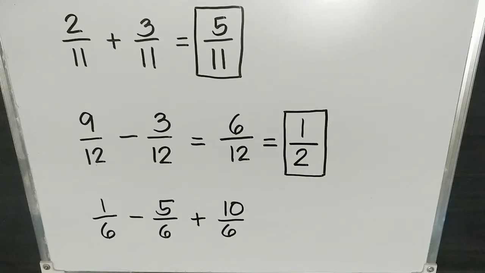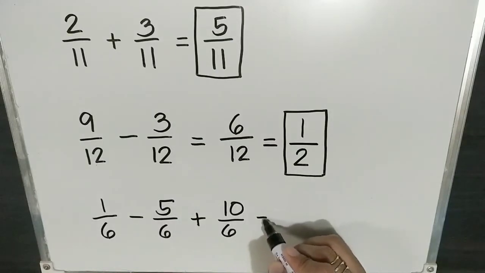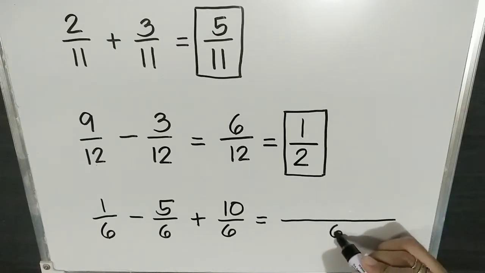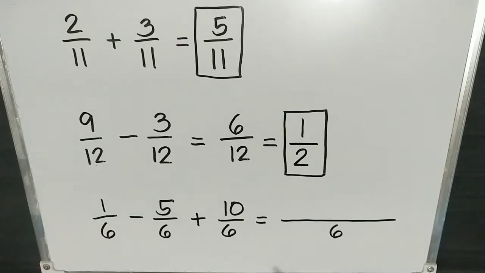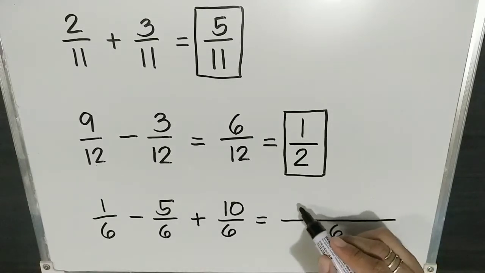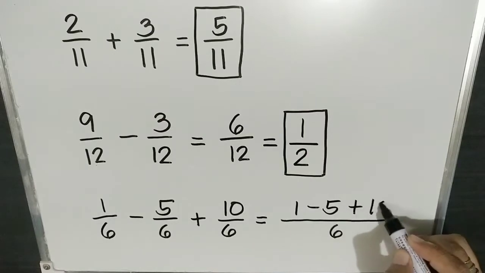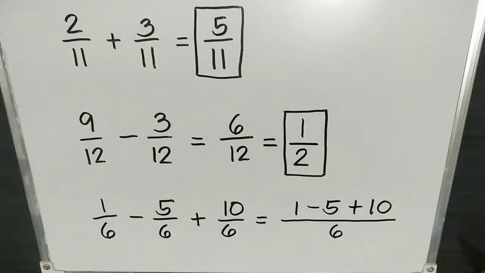So the same process, we have to copy the common denominator 6, then we will just add or subtract the numerators. We have 1 minus 5 plus 10. Then let's simplify. We will use PEMDAS.